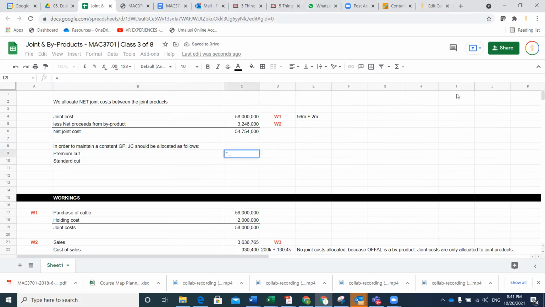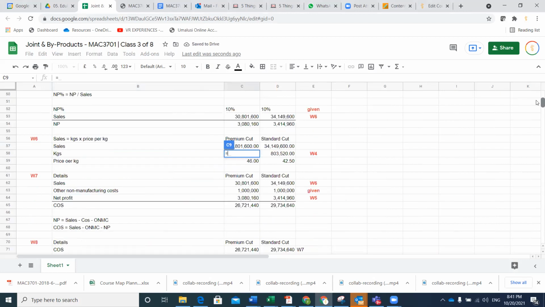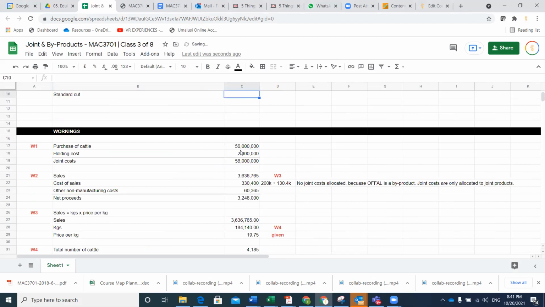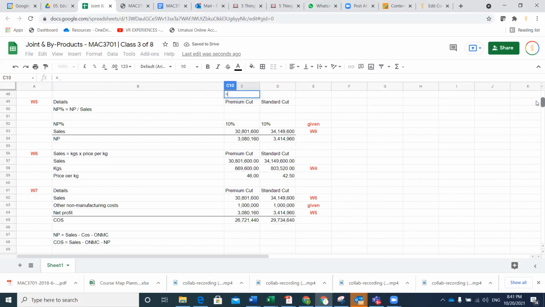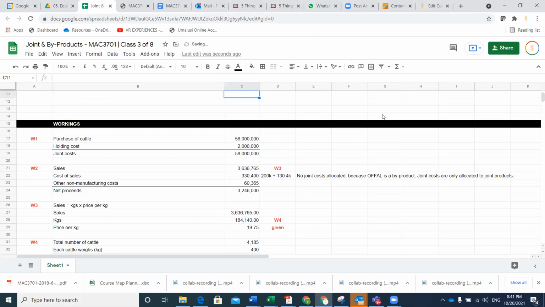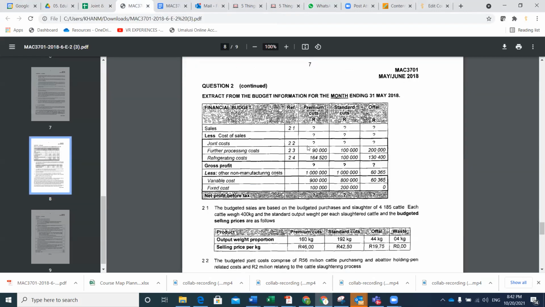It should be allocated as premium cut needs to equal that, and standard cut needs to equal that. So if we put in those numbers over here and we get the sales as we want, it's going to get to the net profit that we want.